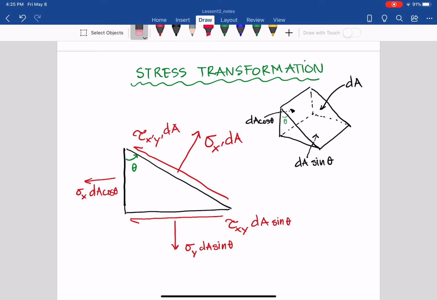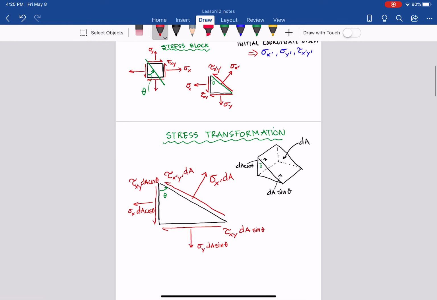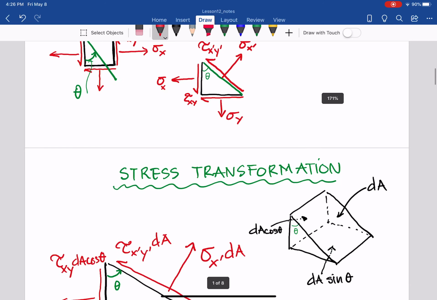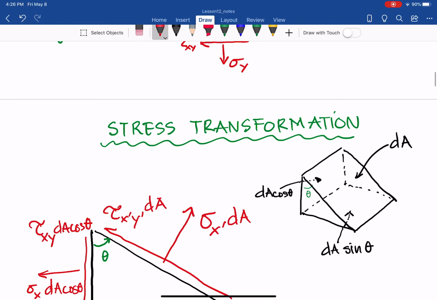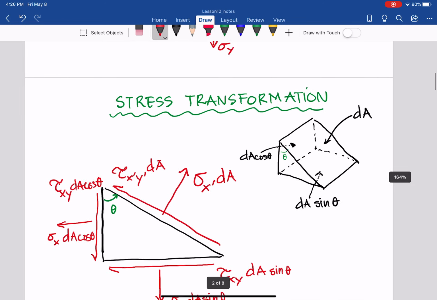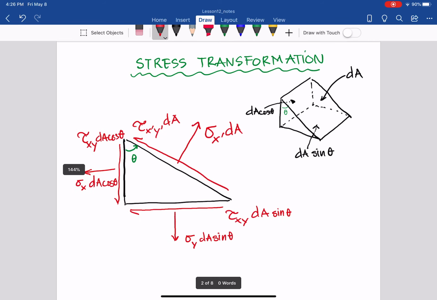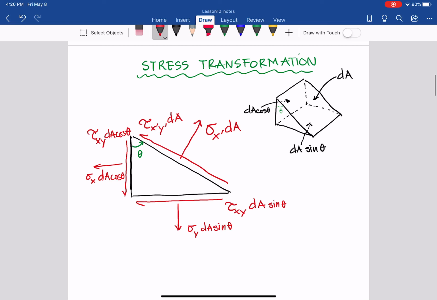And then the shear going down here, for the shear force, it will be tau xy dA cosine theta. So we have all the forces. Put the stress from here times the areas from the box there, we can find the free body diagram basically for this block when we put the force in.